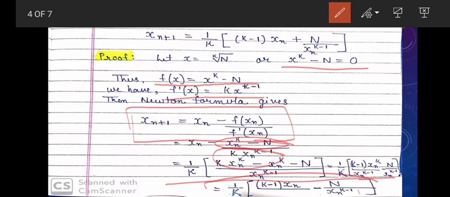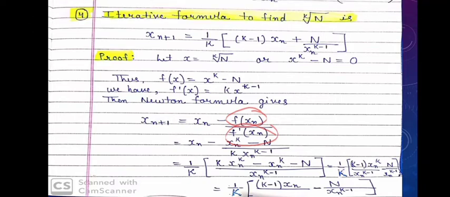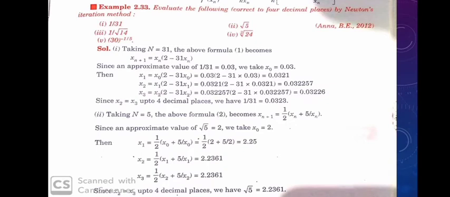Only one time we substitute the value of f(x), and afterwards the value of f dash x, and after substituting all these values, we get the formula. But it is very important that you learn all these formulas, then only you can solve all these questions. So here I have given one example.